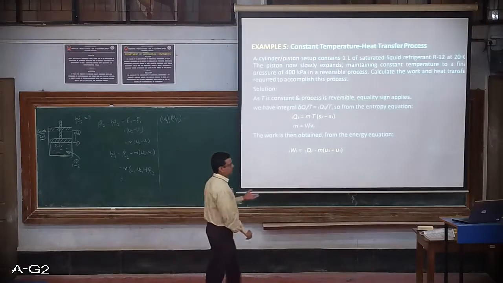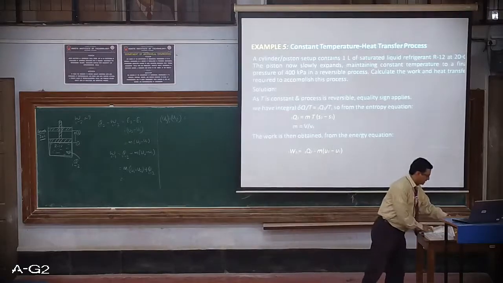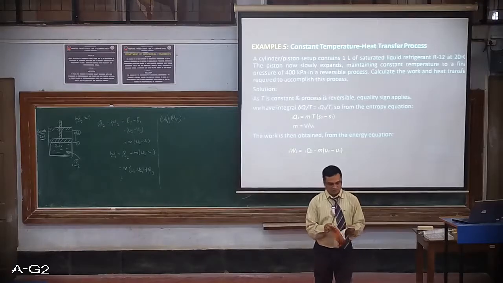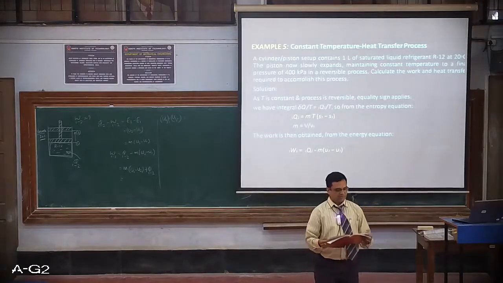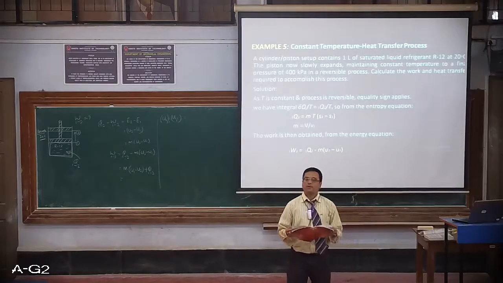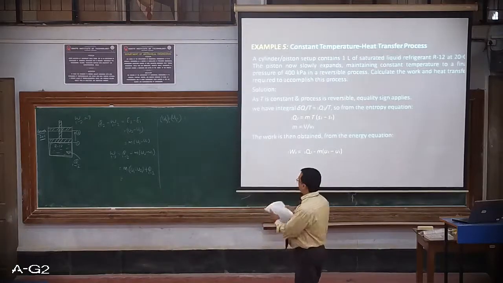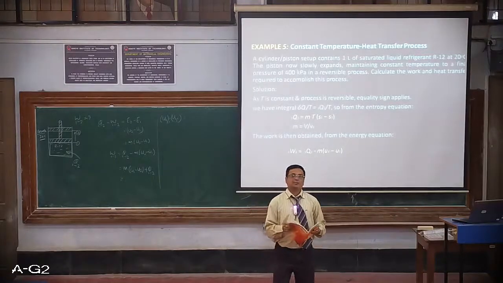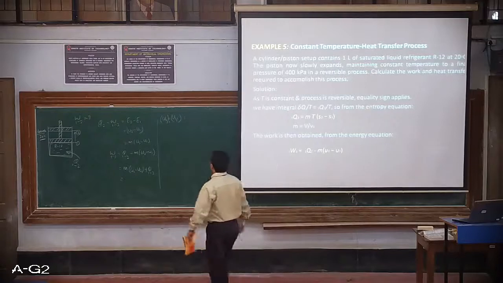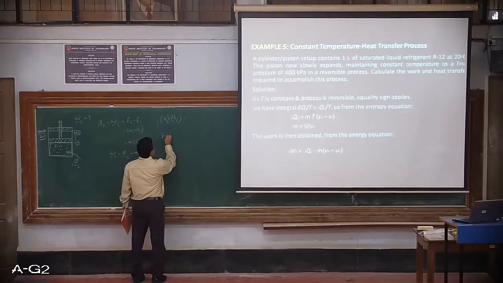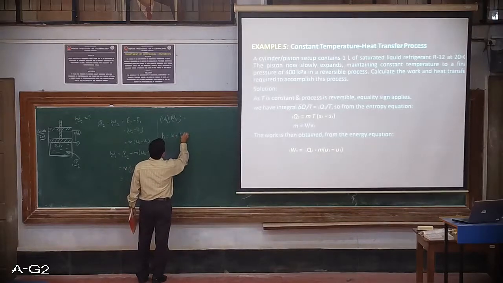Even if we refer to this property table, there is no information about internal energy. Only temperature, pressure, specific volume, enthalpy and entropy are given. But we need at some point some references of these specific values. These are obtained from the combination property enthalpy, which is given as H equals U plus PV.